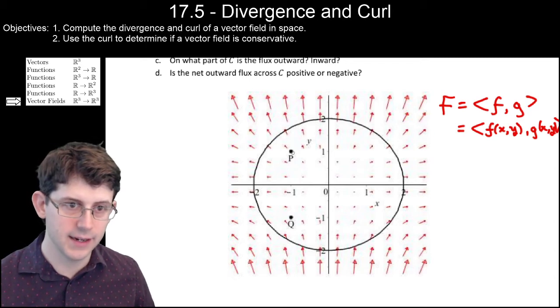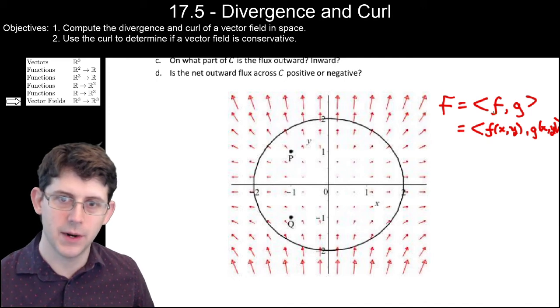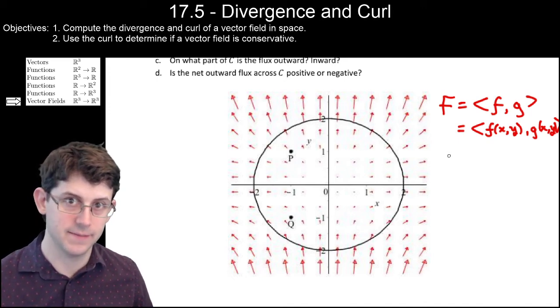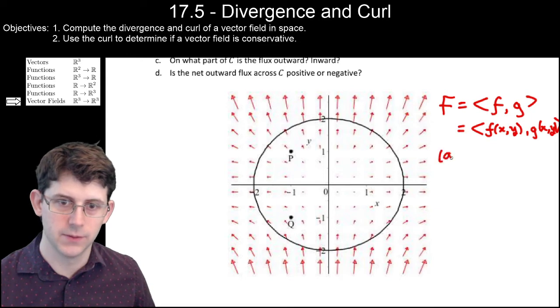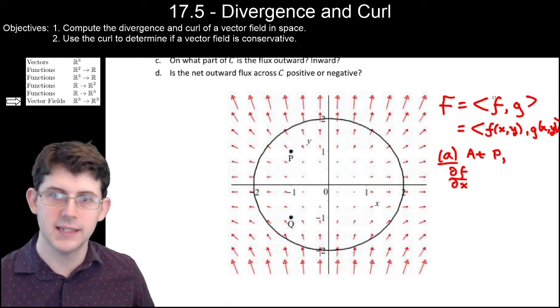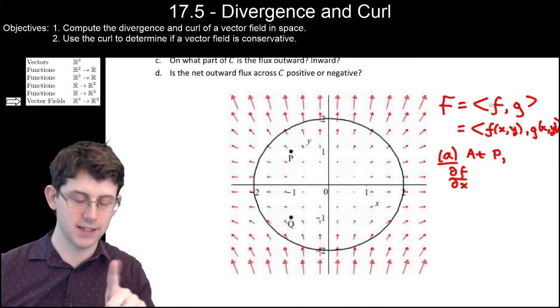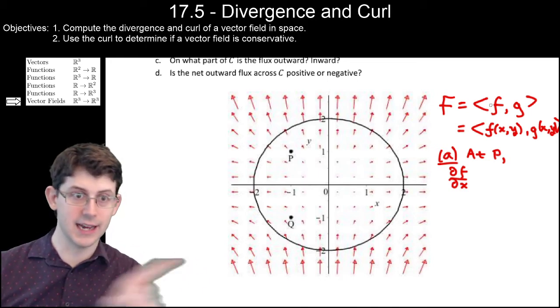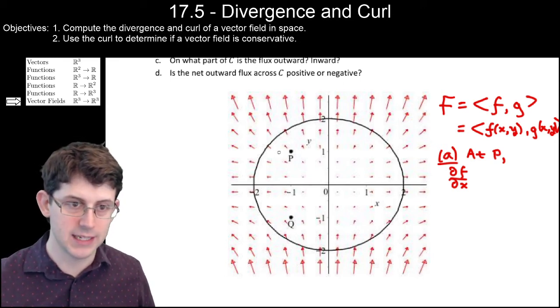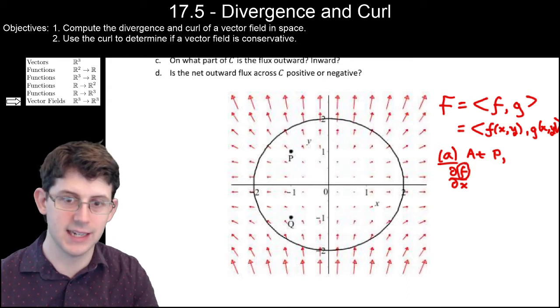So here I've got P, and what you ask yourself is, what is partial F partial X? So we'll do part A. At P, partial F partial X. This is how much the vectors are changing, the amount that they go side to side, when you move horizontally.